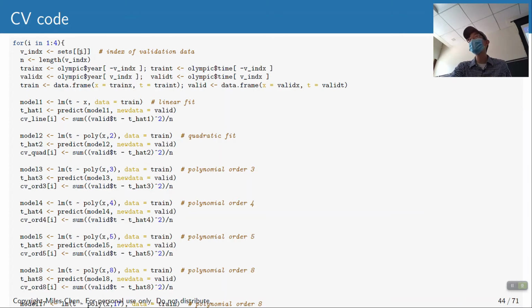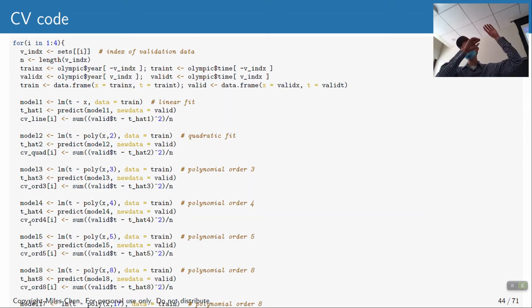Yes, question. So for each block, are you computing the mean squared error? Yes. I'm computing the mean squared error for model 1, mean squared error for model 2, mean squared error for model 3, and so you can see I've got the cross-validation for the linear fit, cross-validation for the quadratic, for the 3rd order, for the 4th order, and so on.